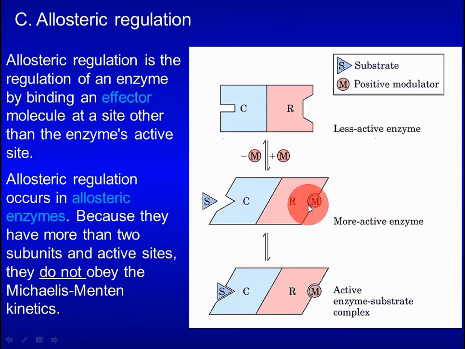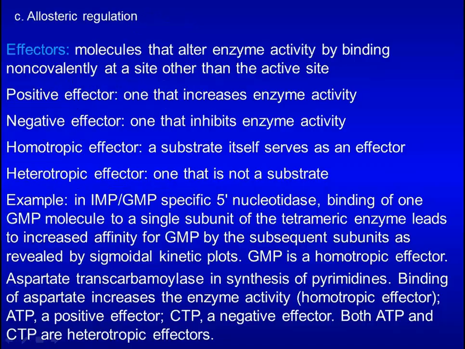When the effector binds the regulatory sites, the enzyme becomes either more active or less active. Allosteric regulation occurs in allosteric enzymes. Because they have more than two subunits with active sites, they do not follow Michaelis-Menten kinetics.